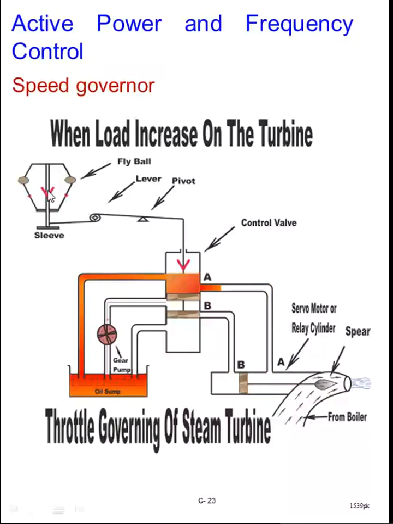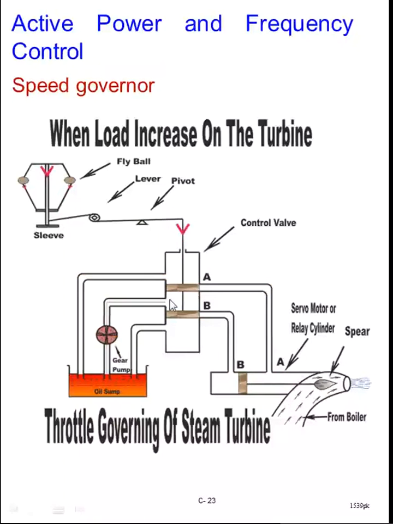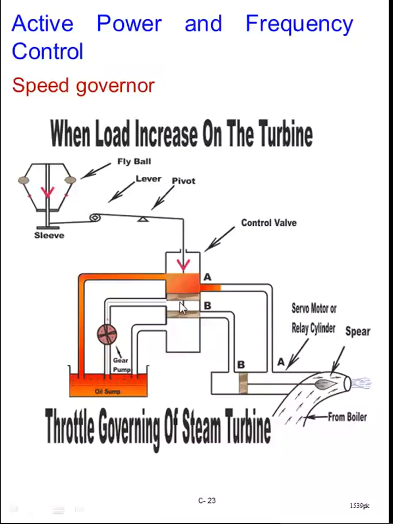The lever point will then cause a movement of the piston downward. When the piston moves downward, this inlet opens, because here you have an oil sump which will pump the oil from the sump to this side of the cylinder, that is the pilot valve, or sometimes we say control valve.